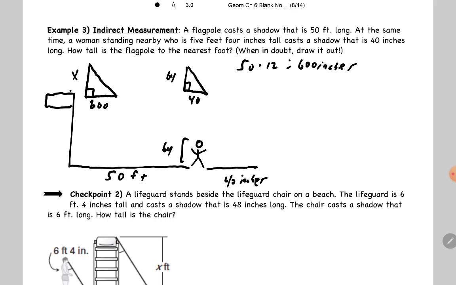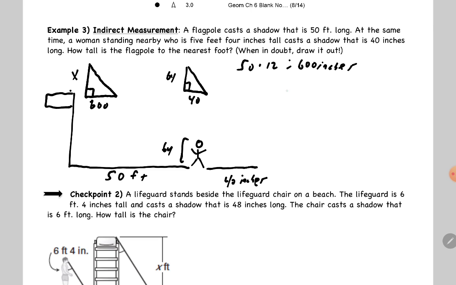And that's also going to be the right angle. Now we are able to use the fact that these two triangles are similar, because these two triangles are similar, we can find the height of the flagpole using a person's height and length of their shadow.